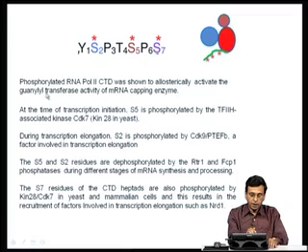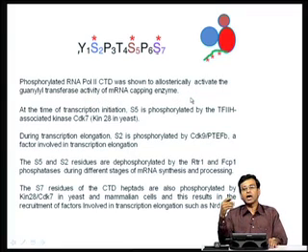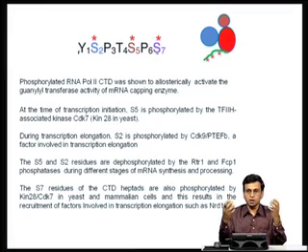For example, the phosphorylated RNA polymerase II CTD was shown to allosterically activate the guanylyl transferase activity of the mRNA capping enzyme. Now, just as we have a cell-free transcription system for studying transcription initiation, people have now established cell-free systems even to study mRNA capping, mRNA splicing and mRNA polyadenylation. So, using these kinds of cell-free systems, people have been able to identify various components which are essential for each one of these steps.